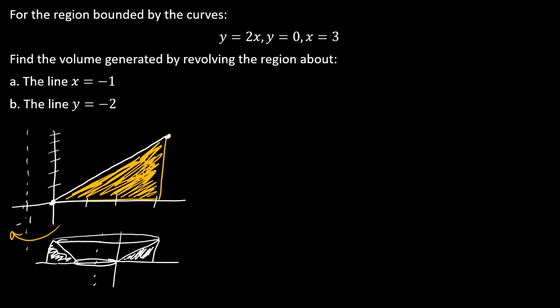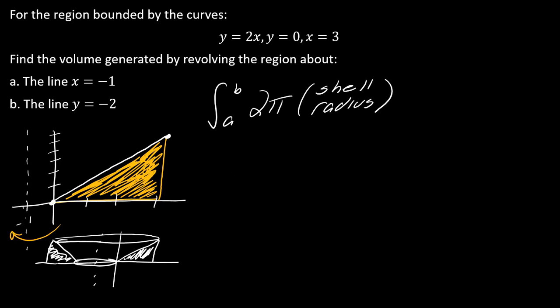with this rotation, so when you rotate around a vertical line, you're going to integrate with respect to x. So in this case, I'm going to use this formula: shell radius, shell height, and then dx.